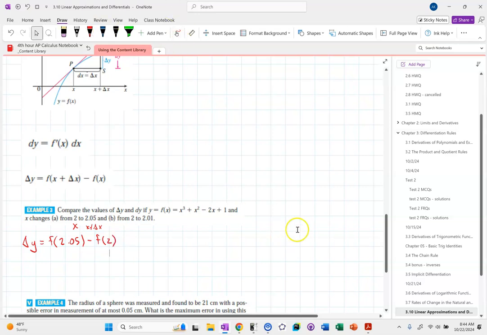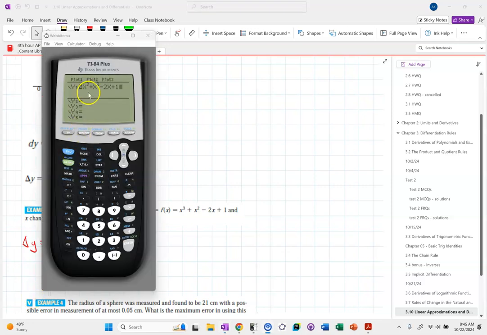Nothing much to do there, so I'll just go to my calculator. On a problem like this, where I'm going to be using the same function a bunch of times, I'm just going to type it in one time into the y equals.